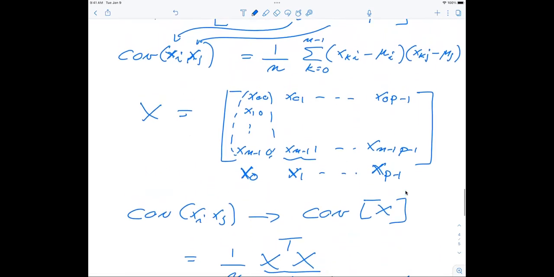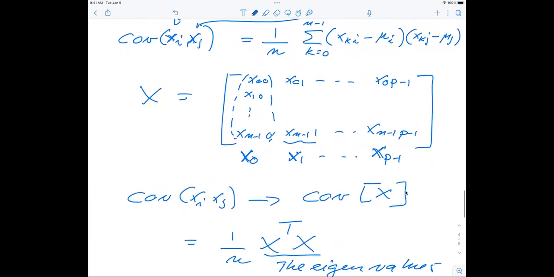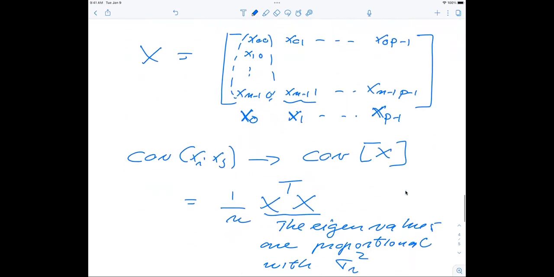Now, if you look at the covariance matrix, there's an interesting thing here. If we diagonalize this matrix X transpose times X, what you're doing when you diagonalize is that you perform a set of orthogonal transformations. So at the end, you have only diagonal values.